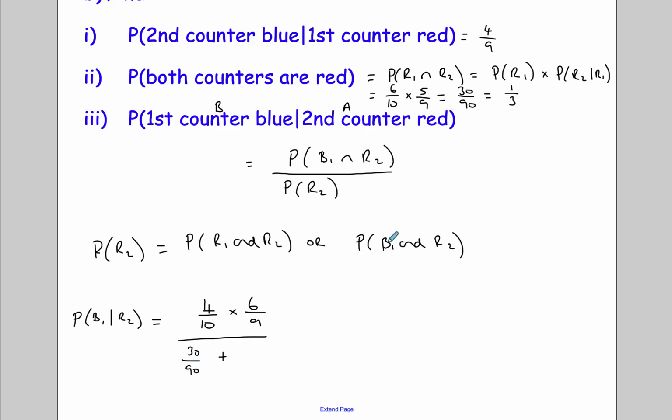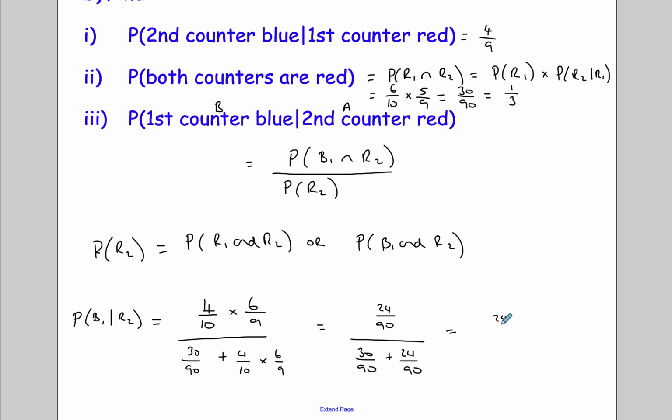Plus blue 1 and red 2, which is actually this again. Blue 1 and red 2. So if we work that out, that's going to be 24/90 divided by 30/90 plus 24/90.